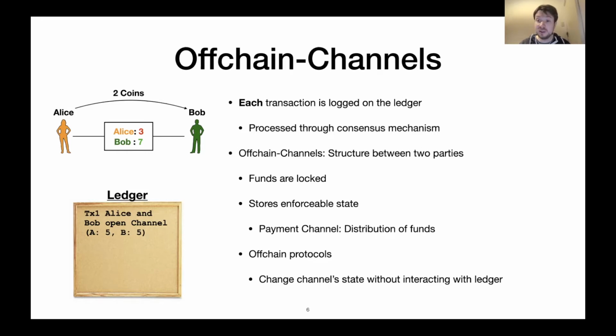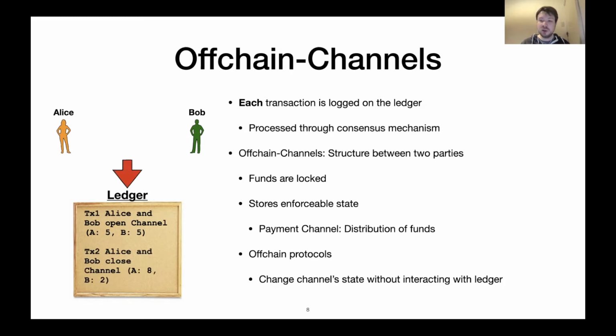Alice and Bob can repeat the step and perform more payments, potentially arbitrarily often. And lastly, they can send one more transaction to the ledger that closes the channel and unlocks the coins, gives them back to both Alice and Bob according to the latest state of the channel itself.